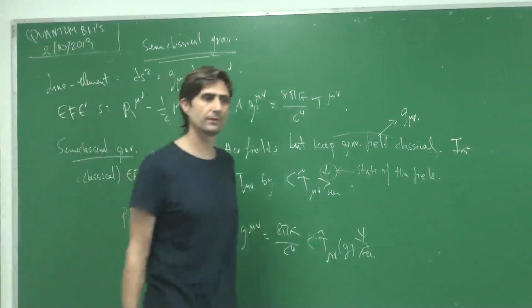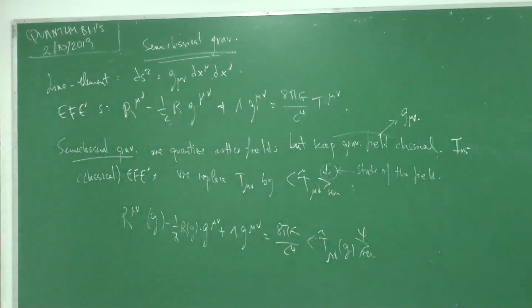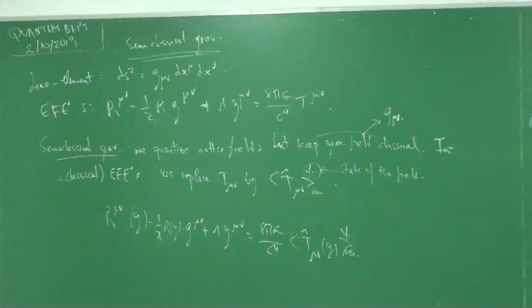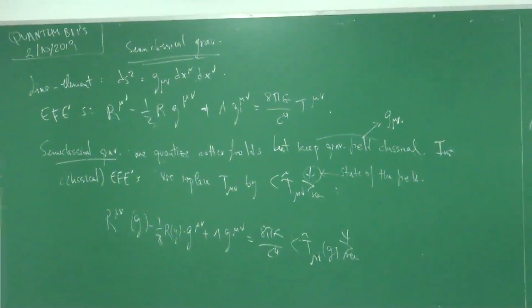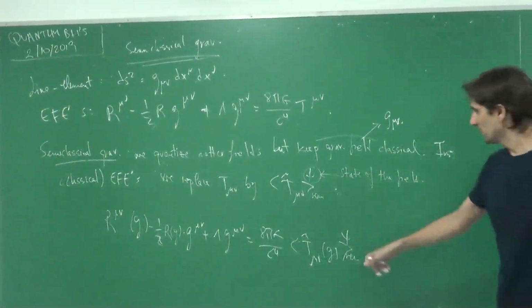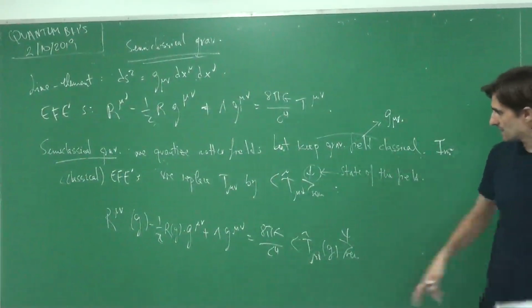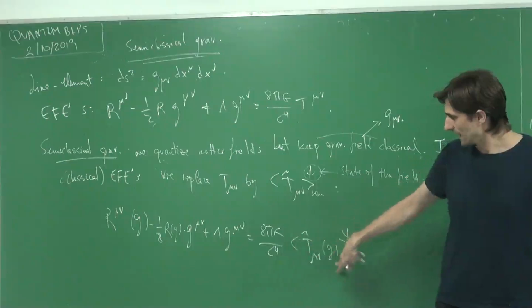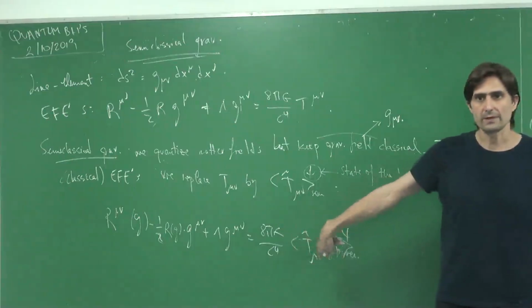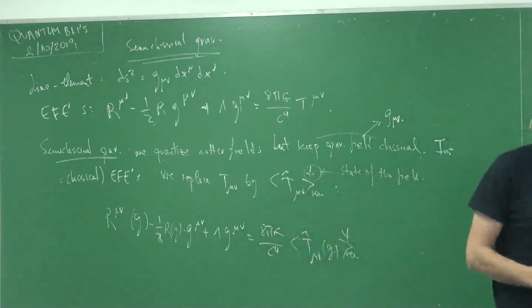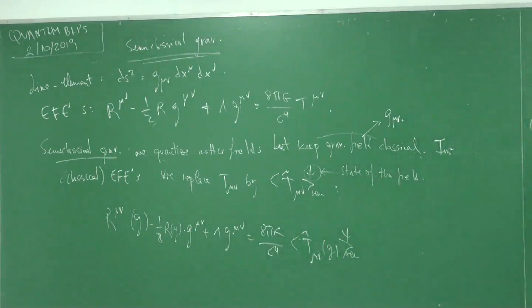Okay? This is the holy grail of semi-classical gravity. You want to solve these equations. Ideally, you want to calculate everything. You want to find the self-consistent solution of these equations. You want to find the g, the metric, that satisfies this.